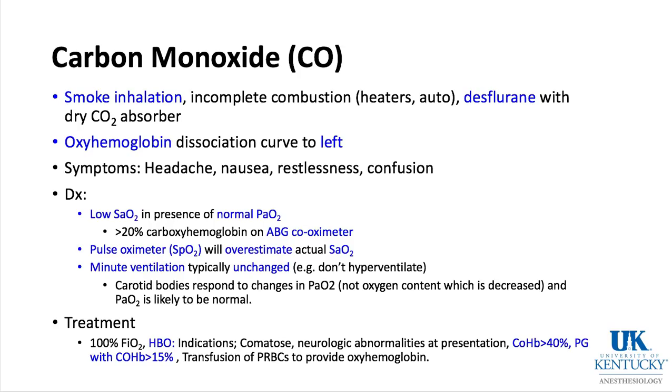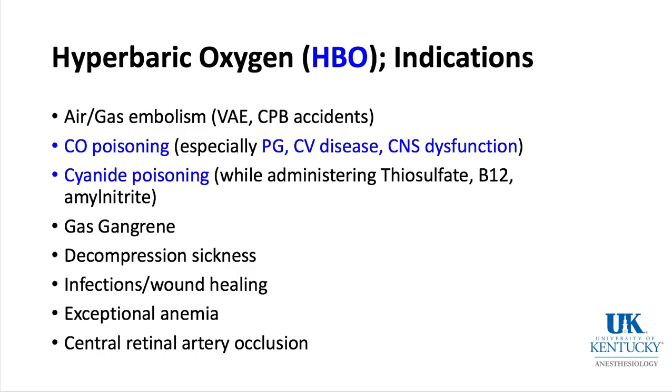Lower carboxyhemoglobin levels are used as a trigger for hyperbaric oxygen treatment in a pregnant person. And even transfusion of packed red blood cells to provide oxyhemoglobin can be done. But usually the treatment is supplemental oxygen, get them away from the source of the carbon monoxide, and hyperbaric oxygen in some situations. So hyperbaric oxygen indications is the next key word.